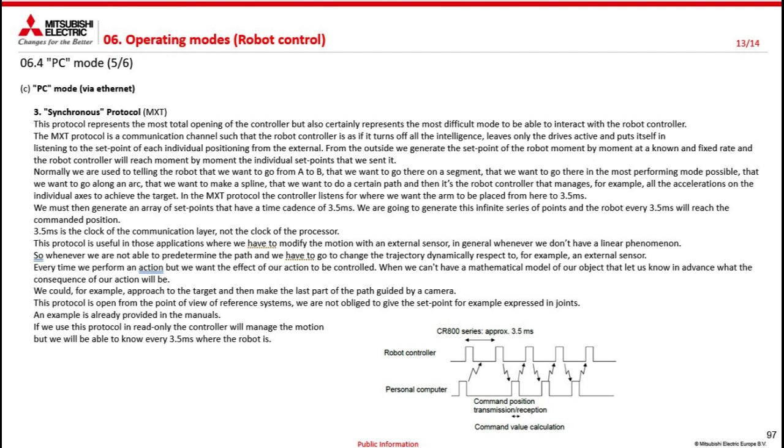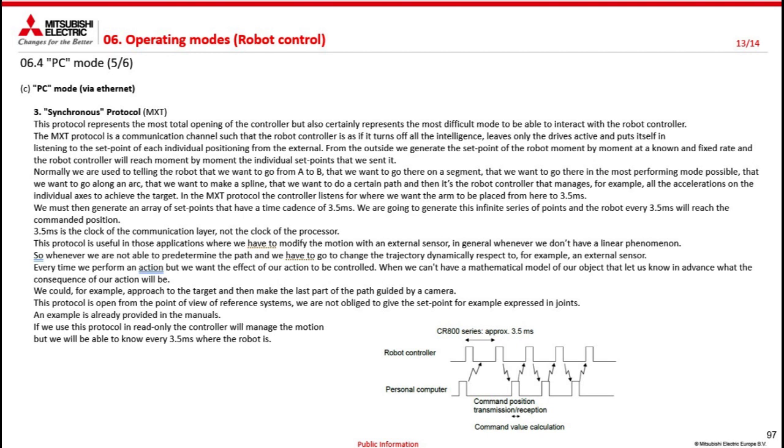The MXT protocol is a communication channel such that the robot controller turns off all the intelligence, leaves only the drives active, and listens to the set point of each single positioning from the outside. So from the outside, we generate the robot set point instant by instant at a known and fixed rate, and the robot controller will reach, instant by instant, the individual set points that we want to impart.